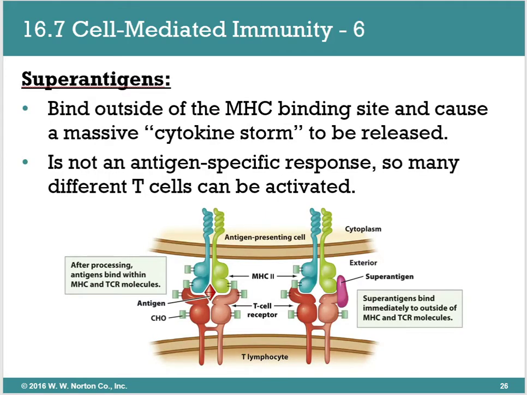I just want to mention something real quick about superantigens. I just want you to know what happens when a superantigen binds and where it binds. A superantigen is a molecule, a protein. You don't need to know specifically what group of molecule. What it does is bind outside that MHC complex that we've been talking about so much.